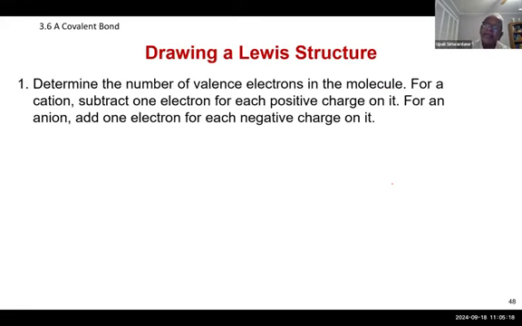How do you write a Lewis structure for a molecule? You first start with getting the total number of valence electrons in the molecule. Then distribute them to get the octet.